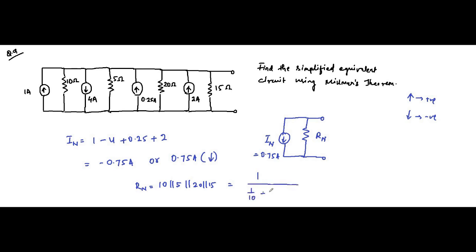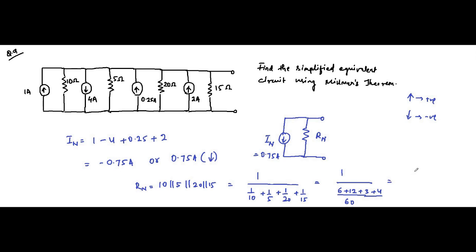RN is basically the parallel equivalent resistance, 10 parallel 5 parallel 20 parallel 15, which is 1 by 1 by 10 plus 1 by 5 plus 1 by 20 plus 1 by 15. That is 1 by 60 over, this will be 6, this will be 12, this will be 3, and this will be 4.